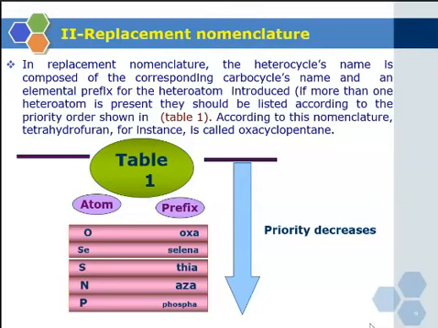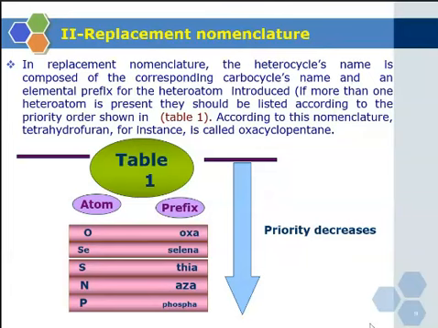The heterocycle's name is composed of the corresponding carbocycle's name and an elemental prefix for the heteroatom is introduced. If more than one heteroatom is present in the structure, then they will be listed according to the priority given as shown in the table below.